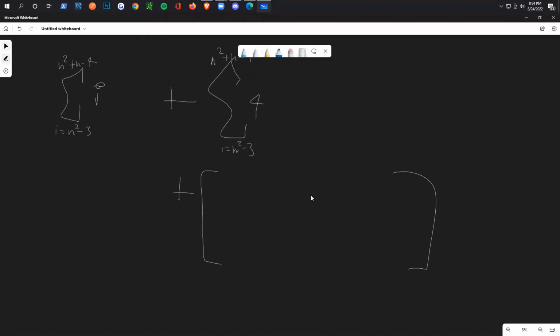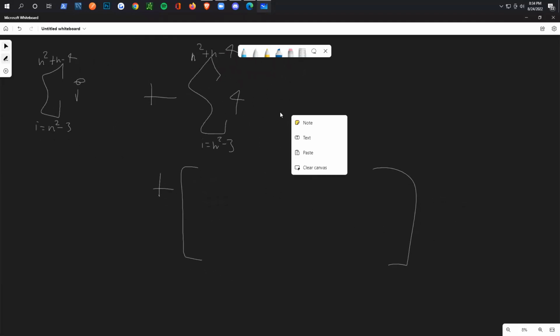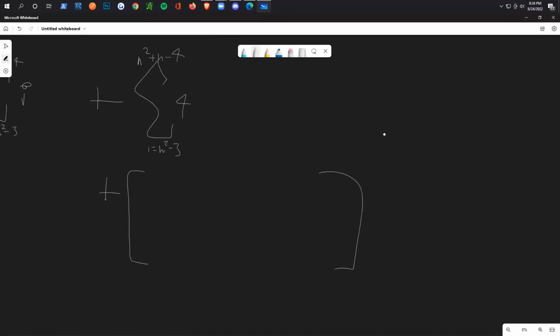Let's have some big brackets because we're going to need them. We're adding a sum. Remember, our formula always starts at 1, goes to 2, 1 plus 2, etc. In this case, we're going to hit n squared minus 3 sometime, and then the last term is going to be n squared plus n minus 4.